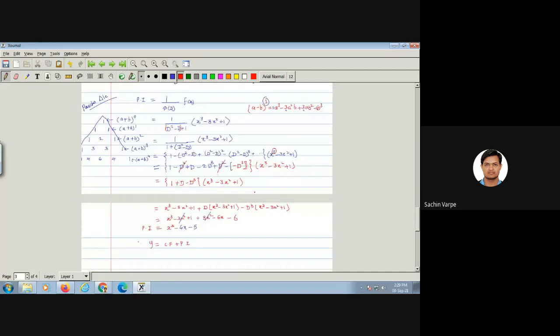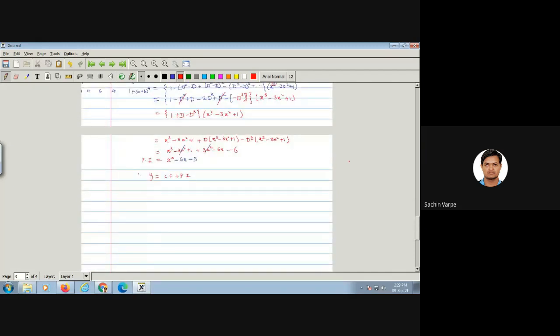Case number 5. Yes, sir. Case number 5 says, when f(x) is the combination of an exponential and a function of x, e raised to ax into v, where v is a function of x, like sine x or hyperbolic sine x or even a polynomial function, then we can have a shortcut.